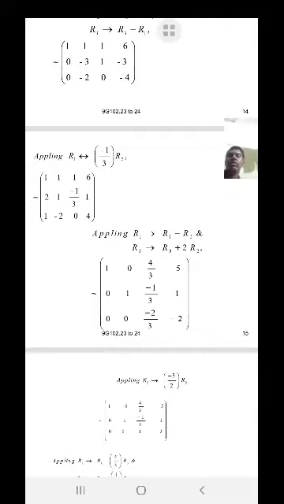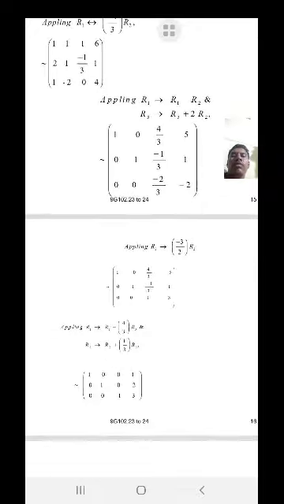Here wrongly printed 2. And R3 gives R3 plus 2 into R2, because in the second column we need 0 1 0. That's why we are doing this. So that is identically equals to 1 0 4 by 3 5, 0 1 minus 1 by 3 1, 0 0 minus 2 by 3 minus 2.